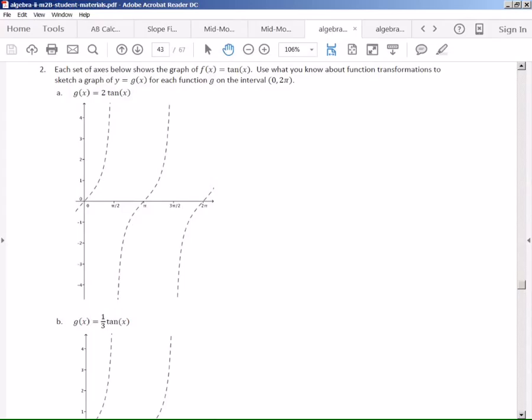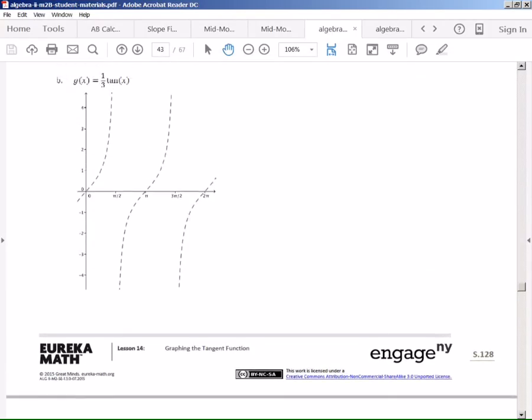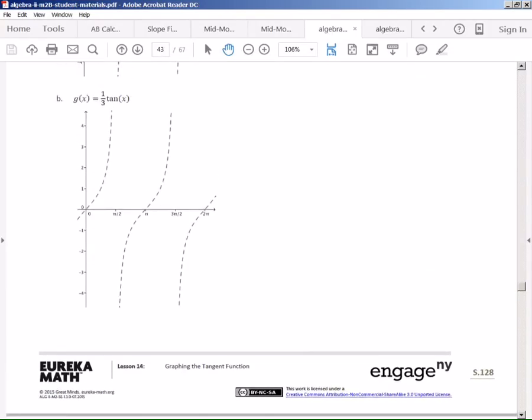Smaller. It's like compressing, I guess you can say. You would put a point right here at 1/3 and a point right here at negative 1/3. And so your graph would look like this.